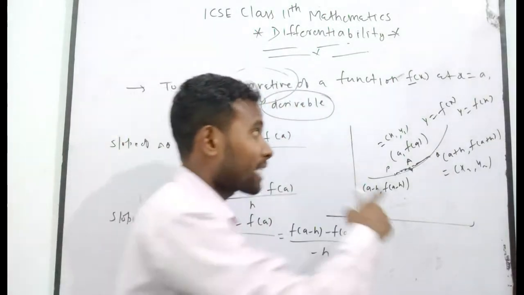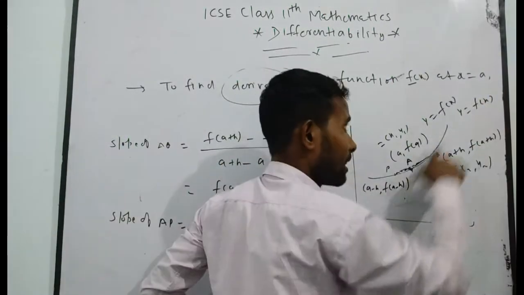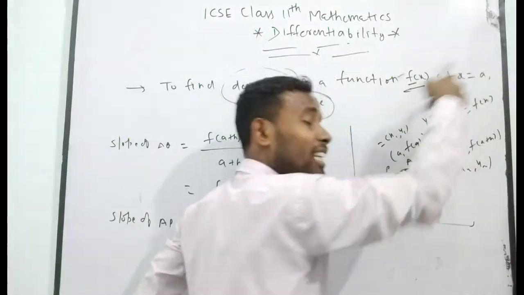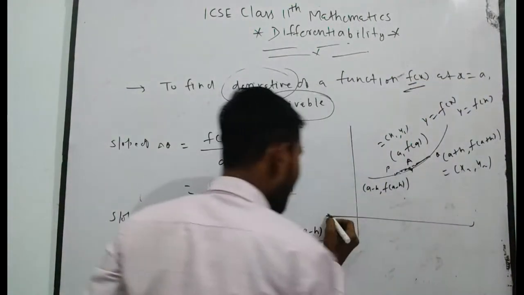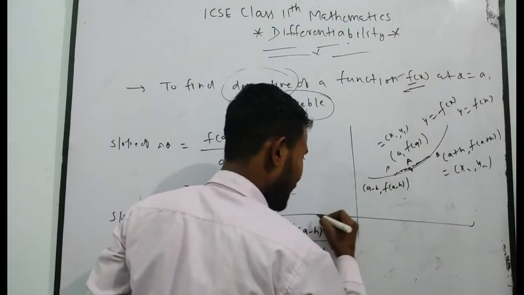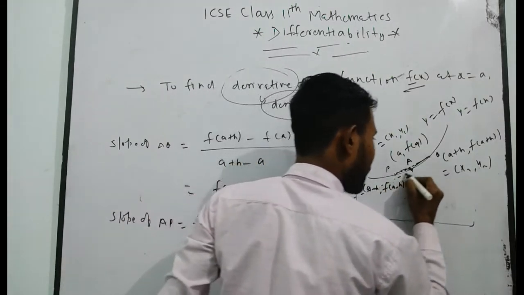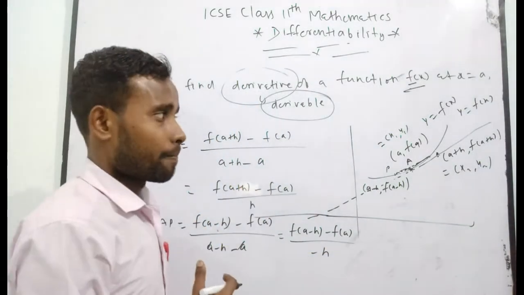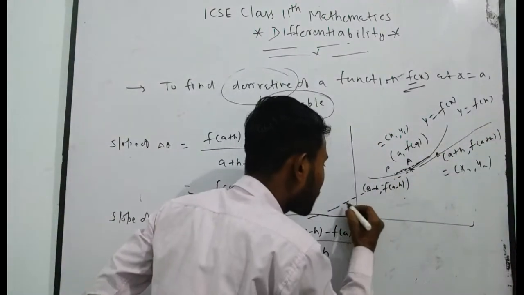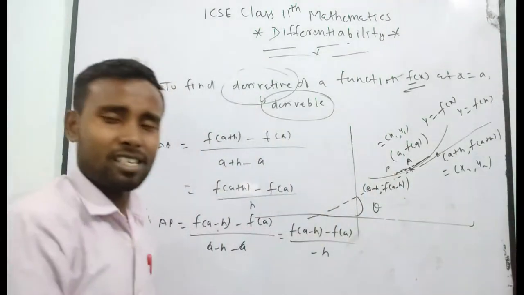That means the slope of this function at x equal to a. Definitely, you will take a tangent at this point, and you will ask how much angle this line makes with respect to the positive x-axis.